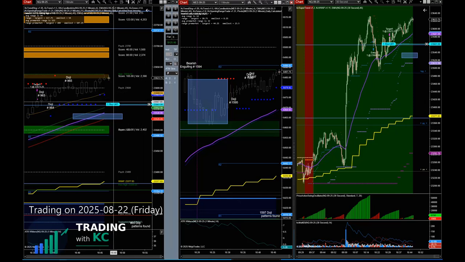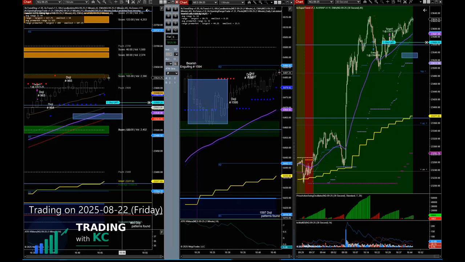Okay, so I can see price coming to here and then up. Oh, above the zone. It's not really valid anymore.